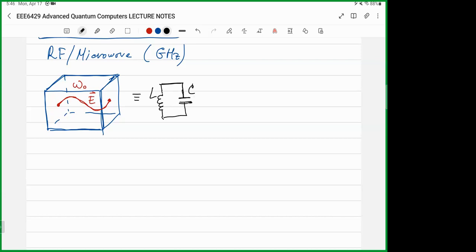So you know from high school physics, if we connect two elements, an inductor and a capacitor, a system like this will get a resonance. The response function would be something like this, a function of frequency. And why so?